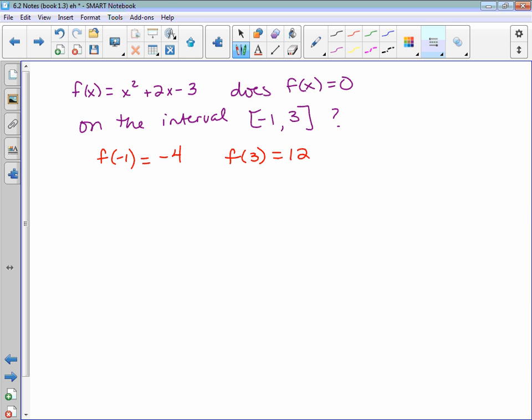So your very first bullet point, remember the first condition for this was that it had to be a continuous function? Looking at that, the x squared plus 2x minus 3. Do you think that's a continuous function? Yes. You have to state that. You have to say f of x is a continuous function.